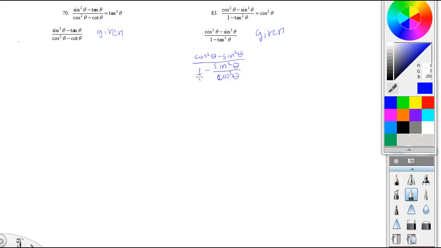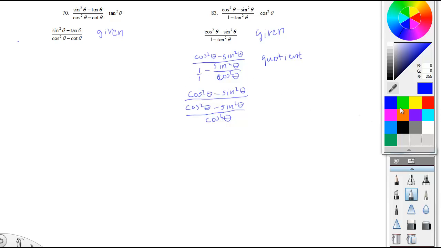Then I think we should make a common denominator in the denominator here. Let's write down our reason for this step is the quotient identity. And this is cosine squared theta minus sine squared theta over cosine squared theta minus sine squared theta, all divided by cosine squared theta.